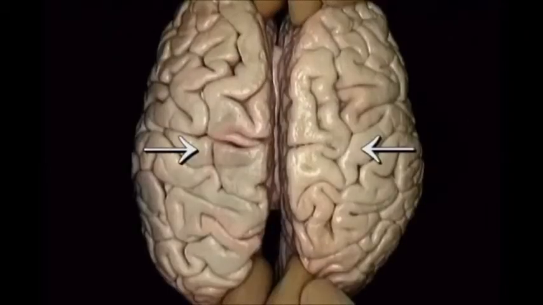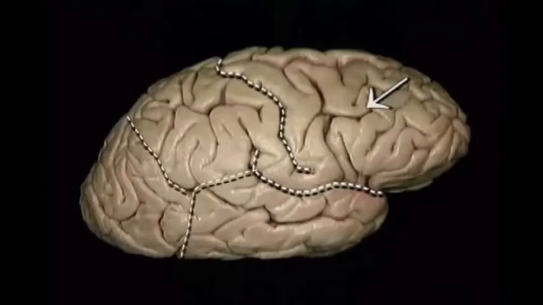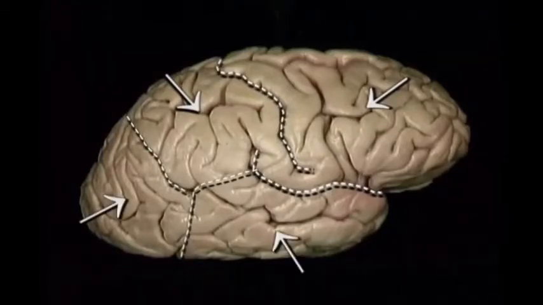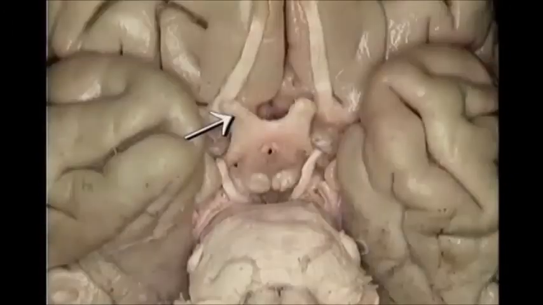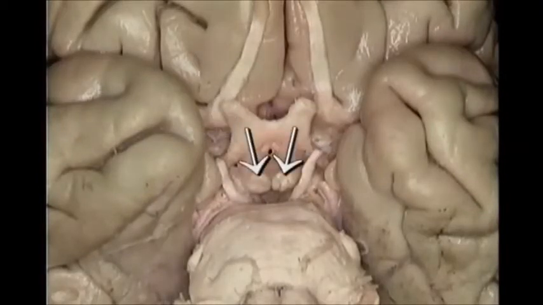Here are the cerebral hemispheres. Here's the corpus callosum. Here are the frontal, parietal, occipital, and temporal lobes. Here are the oculomotor nerve, the optic chiasm, the optic nerves, the infundibulum, and the mammillary bodies.